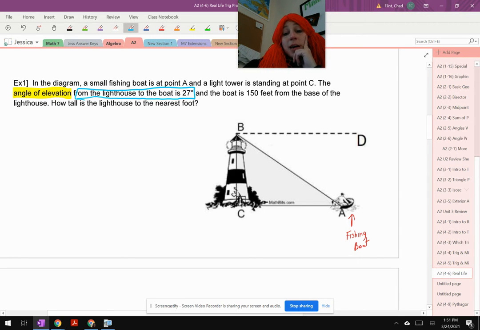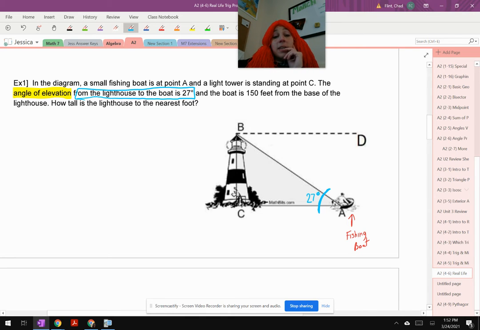So the angle of elevation from the lighthouse to the boat, or from the boat to the lighthouse, because again, we're looking up on that elevation, is going to be this angle right here. That is your 27 degrees. The angle of elevation from your lighthouse to your boat, or to your boat from your lighthouse.